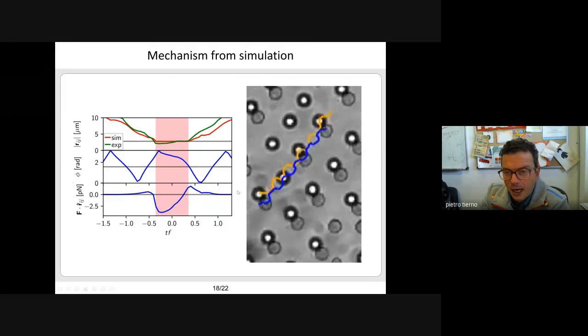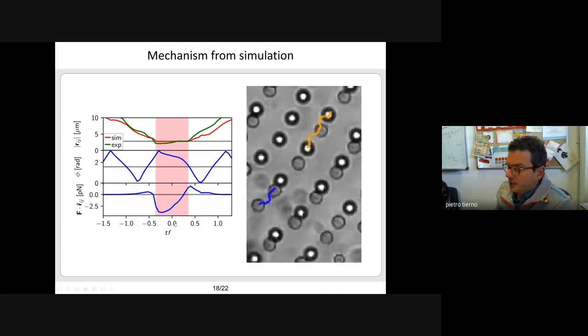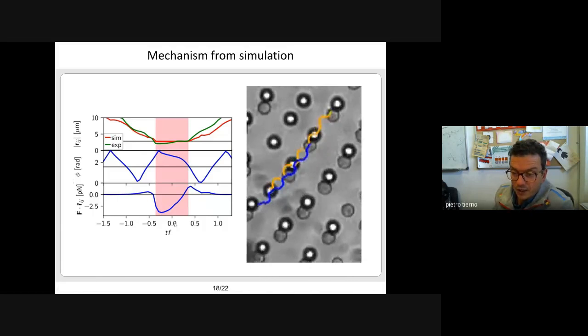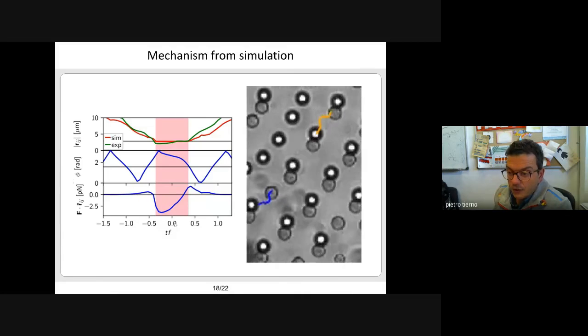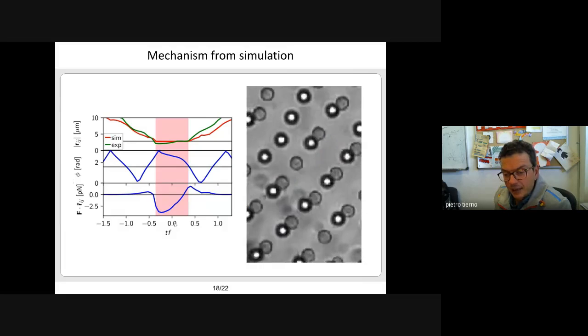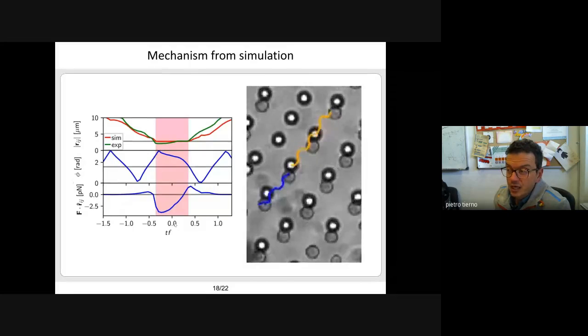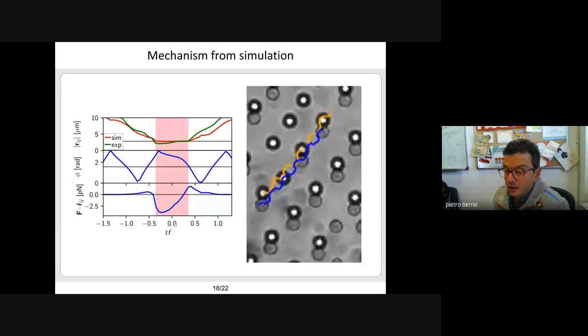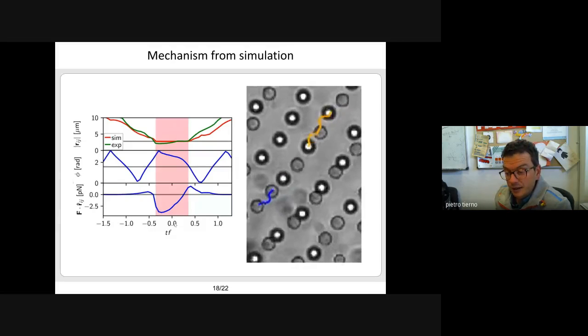So thanks to the simulation, we unveiled the mechanism of this collective transport mode that goes beyond the state diagram that I showed you before, because in the previous case, we didn't have any kind of directed motion. Now we have a direct current.